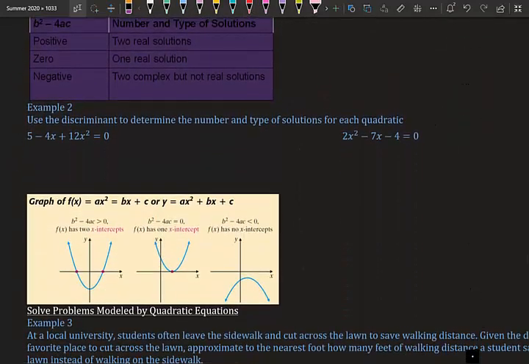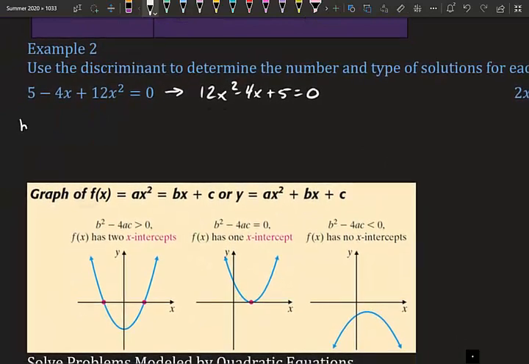We're going to use the discriminant to determine the number and type of solutions for each quadratic. The first thing we need to do is put it into standard form. So 12x squared minus 4x plus 5 equals 0. And let's use the discriminant. The discriminant is b squared minus 4ac. So we have our a, we have our b, and we have our c. So for b, we have negative 4 squared minus 4 times a, which is 12, times c, which is 5.